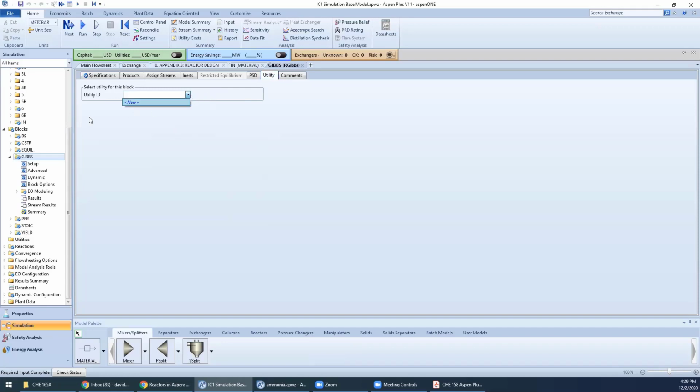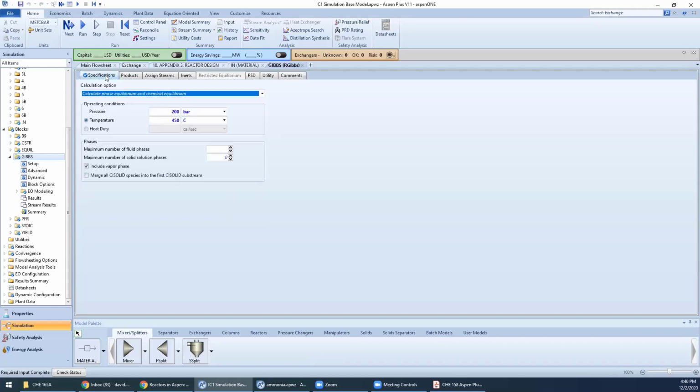There are no utilities currently in here, but anybody in 165 will know that utilities, of course, are steam, cooling water, any other process fluid that you might have contributing to heat balance. So again, that's also part of the thermal equation or temperature equation that Dr. Ron was showing you at the beginning.